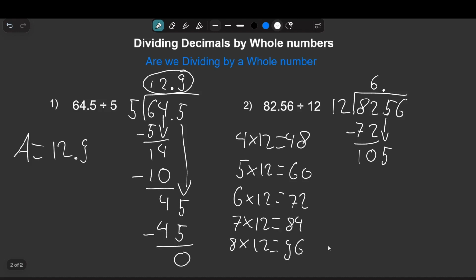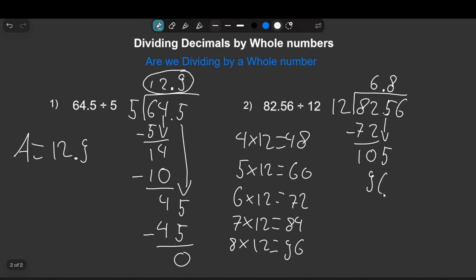So 12 fits 8 whole 12s into 105. So we can write our 8 right here. It fits 8 times because if we did a ninth one, we would go over our 105. So now we multiply our 8 by our 12. So 8 multiplied by 12 equals 96, as we have done here.